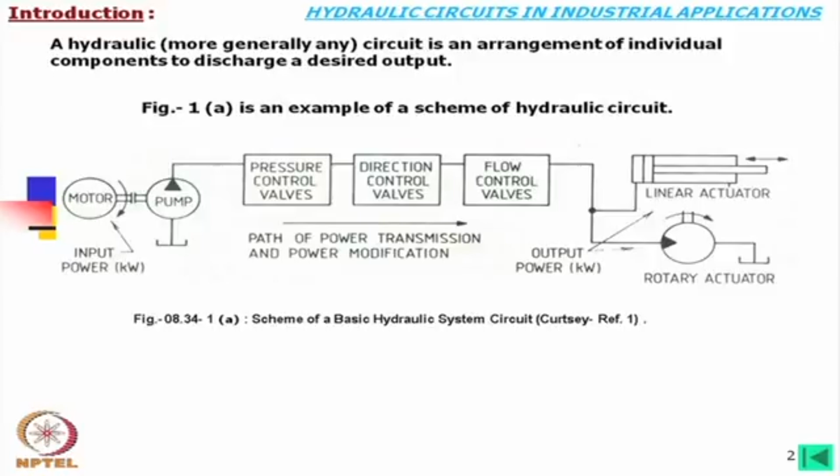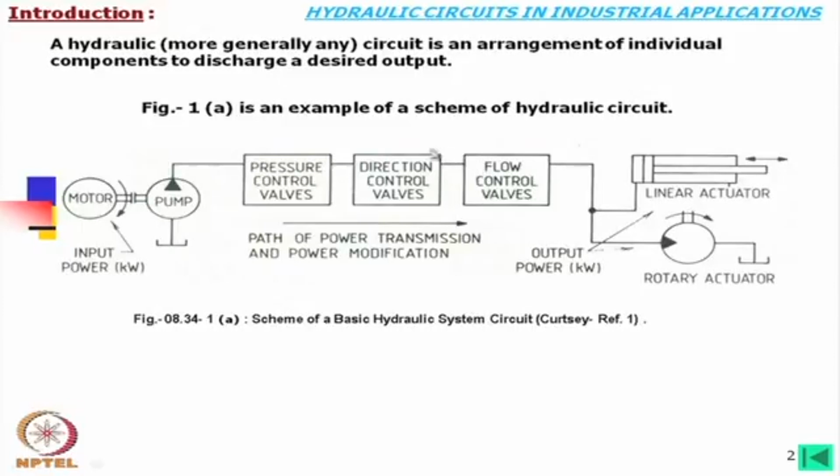Then we need to have a direction control valve, which we have learned in the first lectures. Then a flow control valve and a linear actuator, or maybe a rotary actuator.